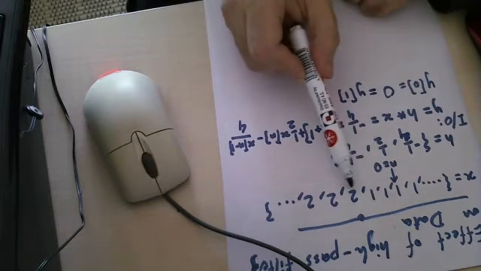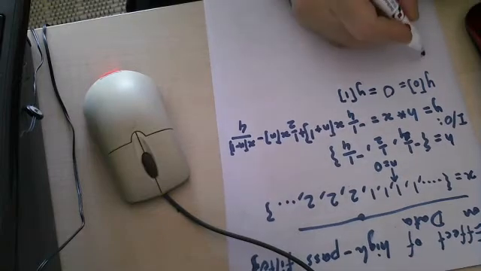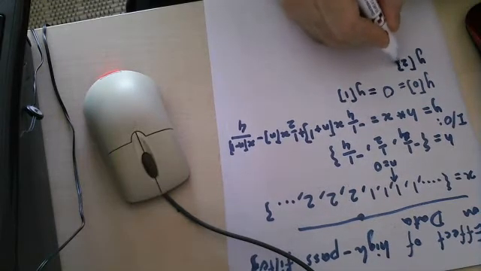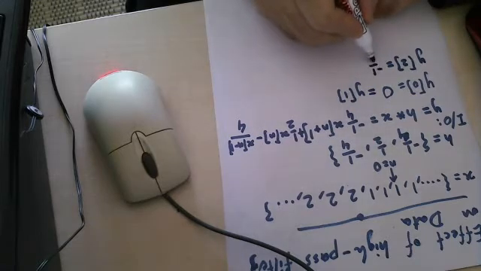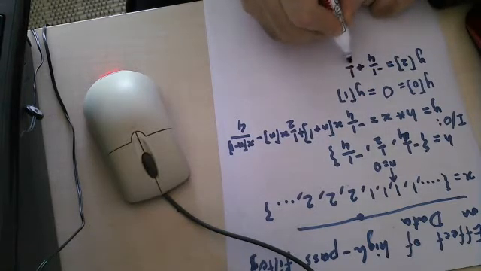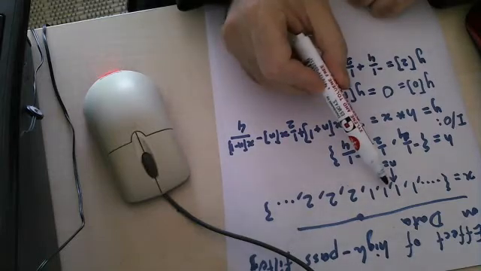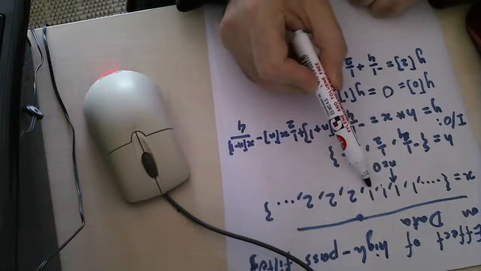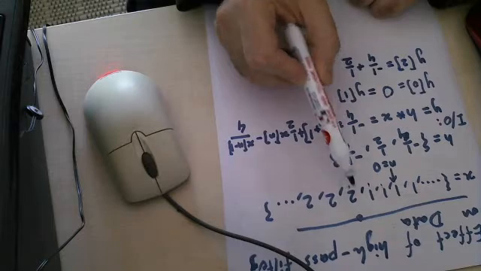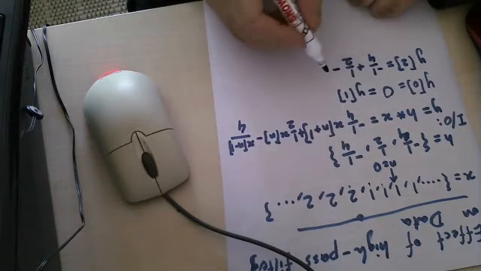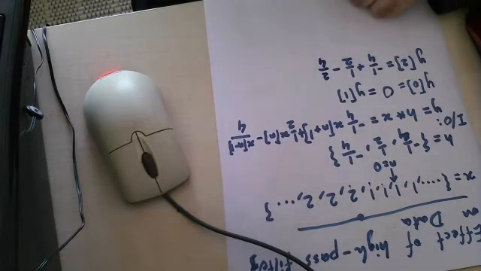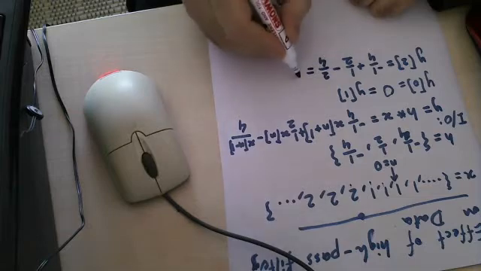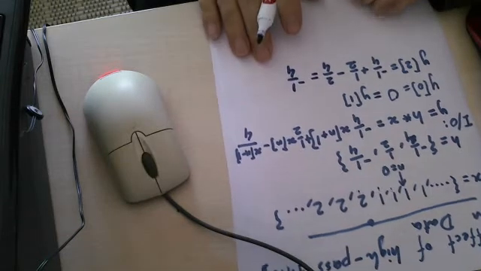Now for y2 we have a non-zero output for the first time. So it's minus 1 over 4 times 1, plus 1 over 2 times 1, minus 1 over 4 times 2, so minus 2 over 4, we can write it like that. So the result is minus 1 over 4.